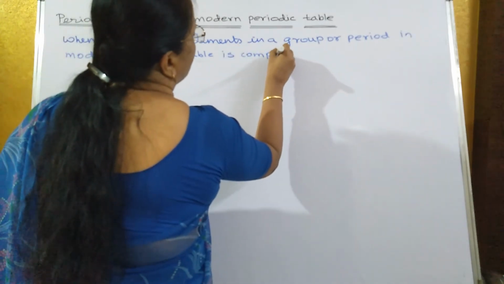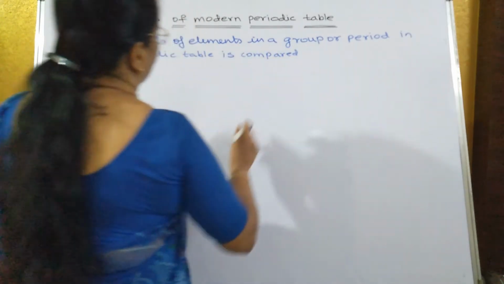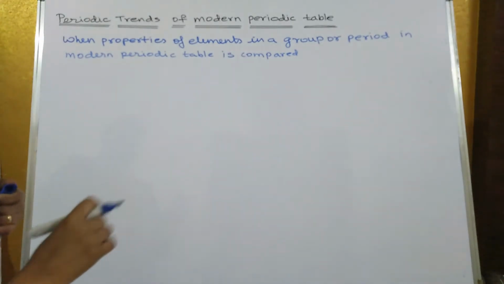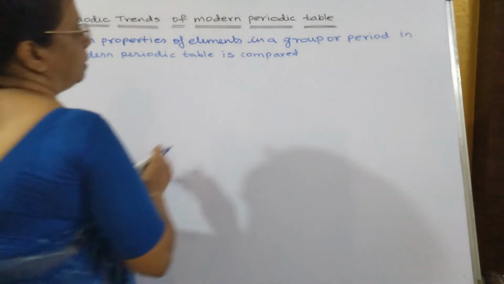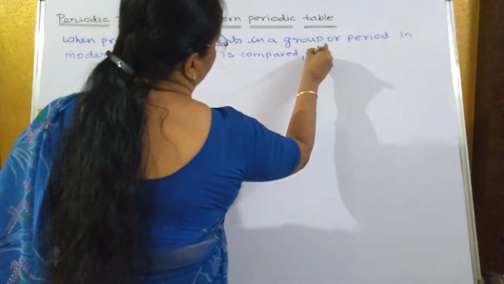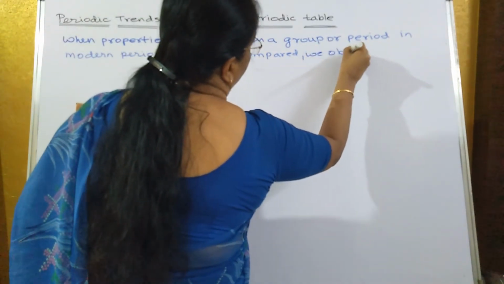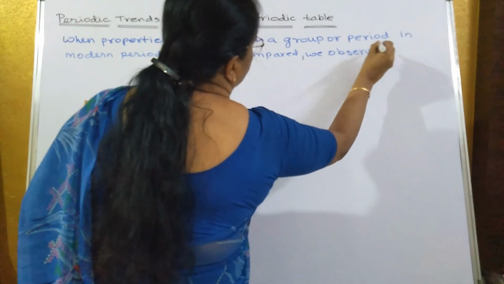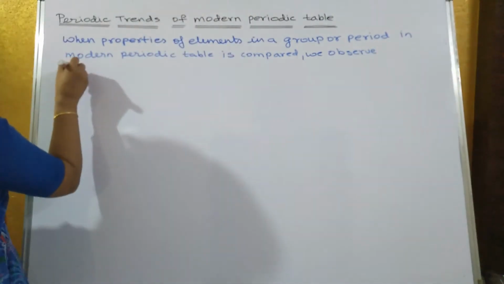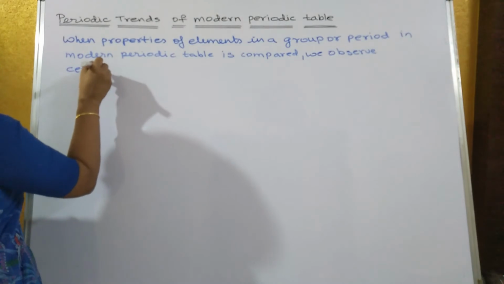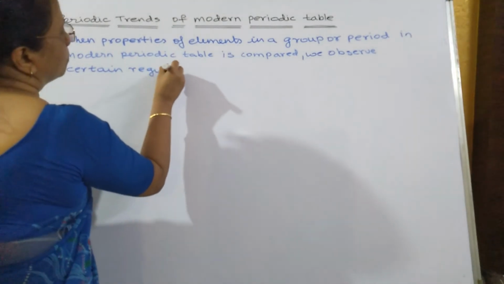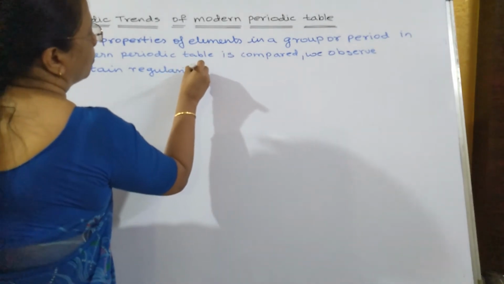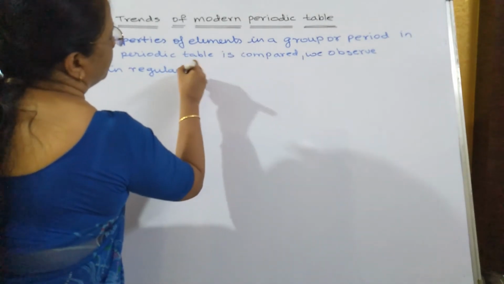If you observe the properties of elements in a group or in a period and compare them, then what we observe is certain regularity in their variation.